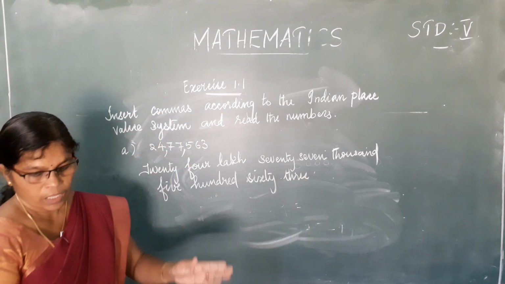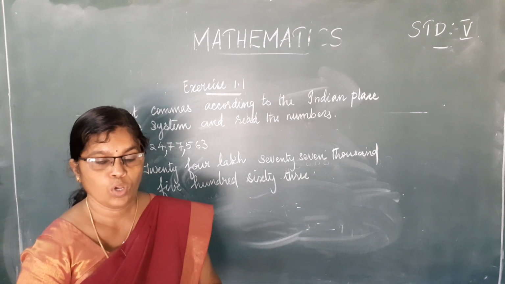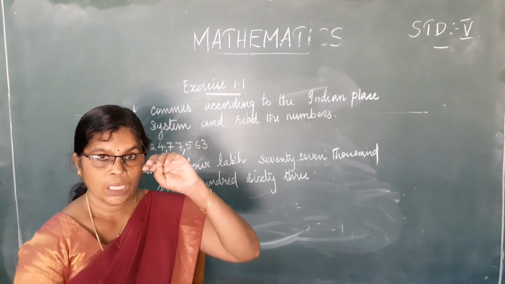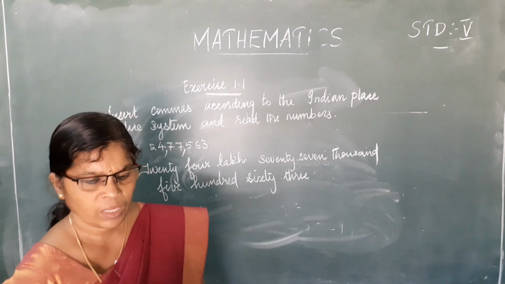This way you have to do it. Two more questions are there, and you have to do them yourself. Put the commas and read or write the names in the Indian system.